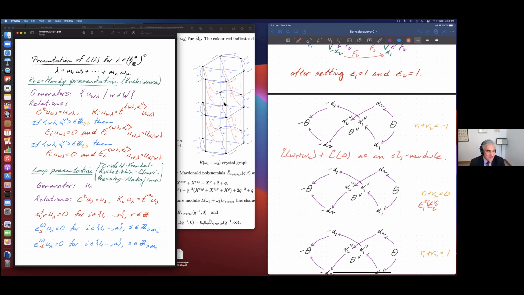So there's an amazing thing, and that is that if you take a Virasoro module inside this level 0 thing, which I have built, this infinite level 0 thing, and then you tensor that level 0 module by L of lambda 0, then it becomes level 1.